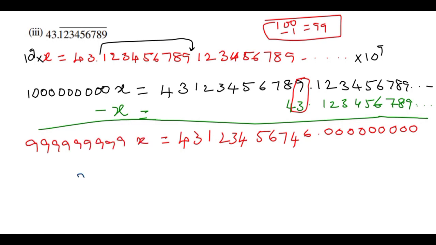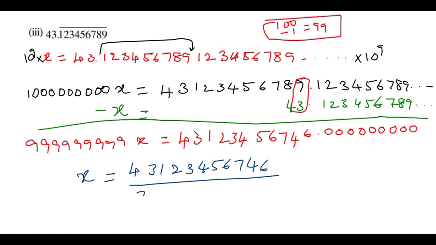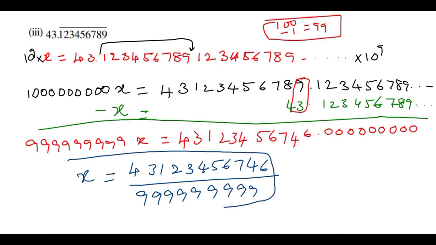If you want, you can subtract by hand and check. Then x is equal to 43123456746 divided by 999999999. So this is p by q form, a rational number.